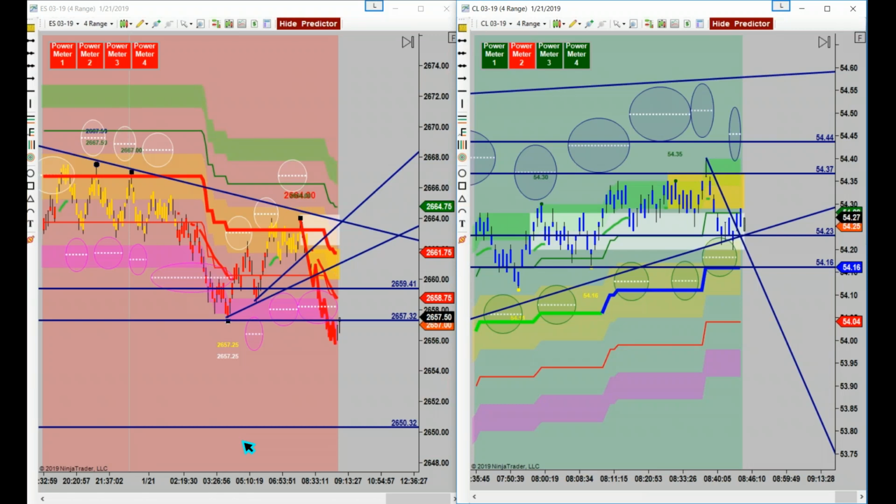Come on, ES, roll it over, buddy. Nice drop right out of the gate, but it's not doing anything now.